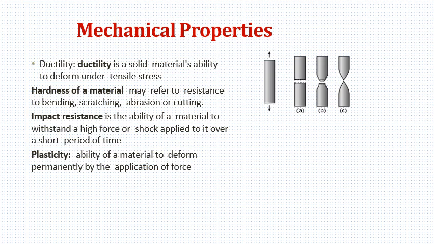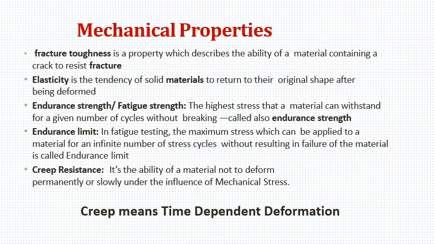Next one, plasticity, that is the ability of a material to deform permanently by the application of force. So this is called plasticity. Next, another mechanical property is fracture toughness. It is a property which describes the ability of a material containing a crack to resist fracture.